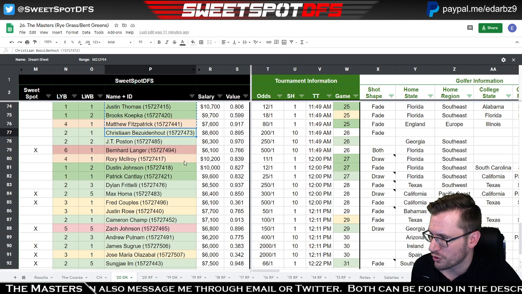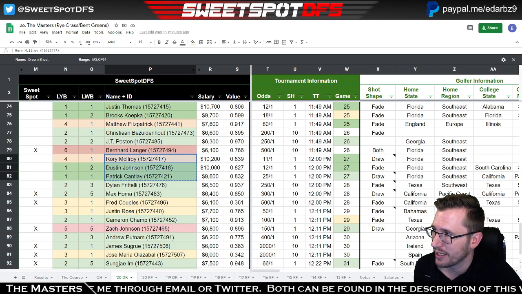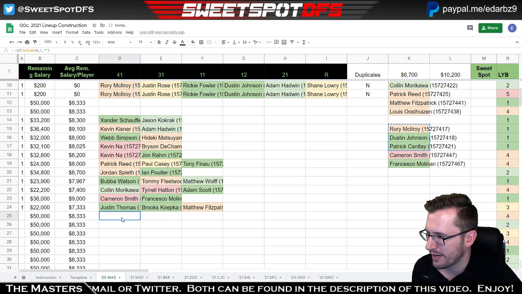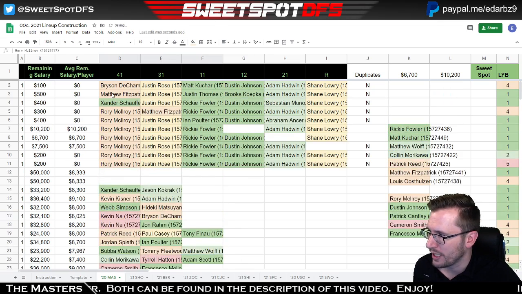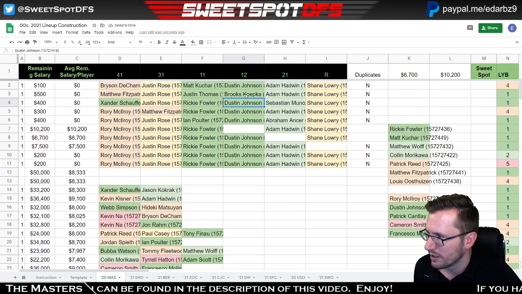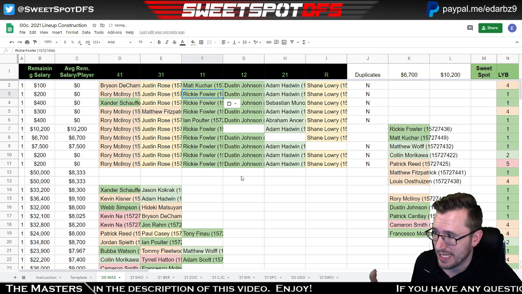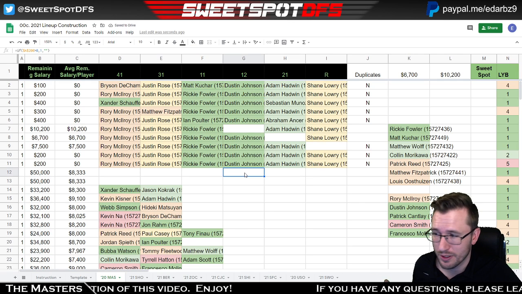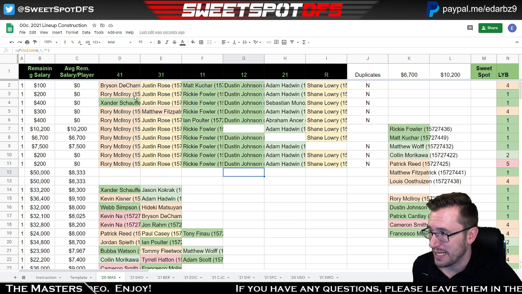The next group, another really good group, Rory with DJ and Patrick Cantlay. Really like this group. Obviously, I've already kind of paired them up together. I had Rory and DJ here, so obviously that works out. I have Rory and DJ in a lineup together. I mean, maybe that's how I do my lineups.